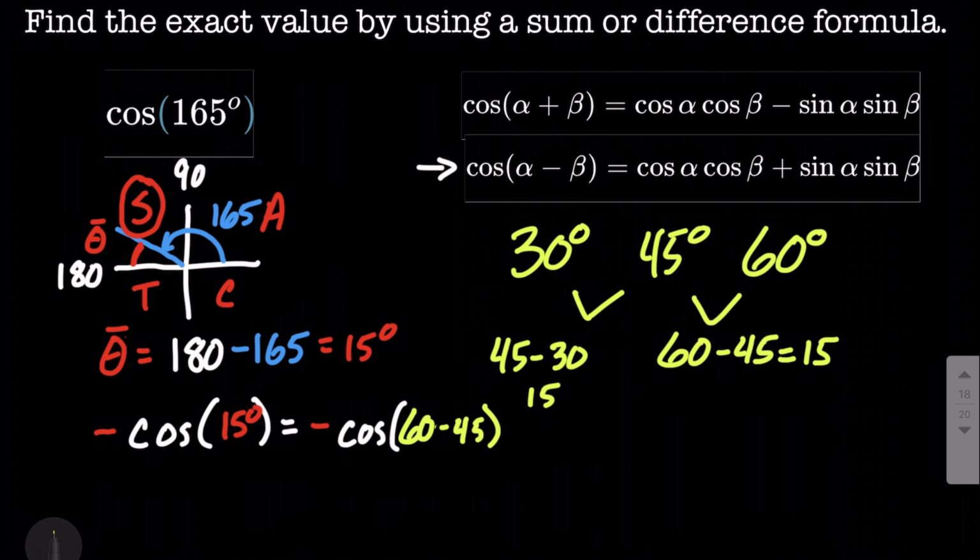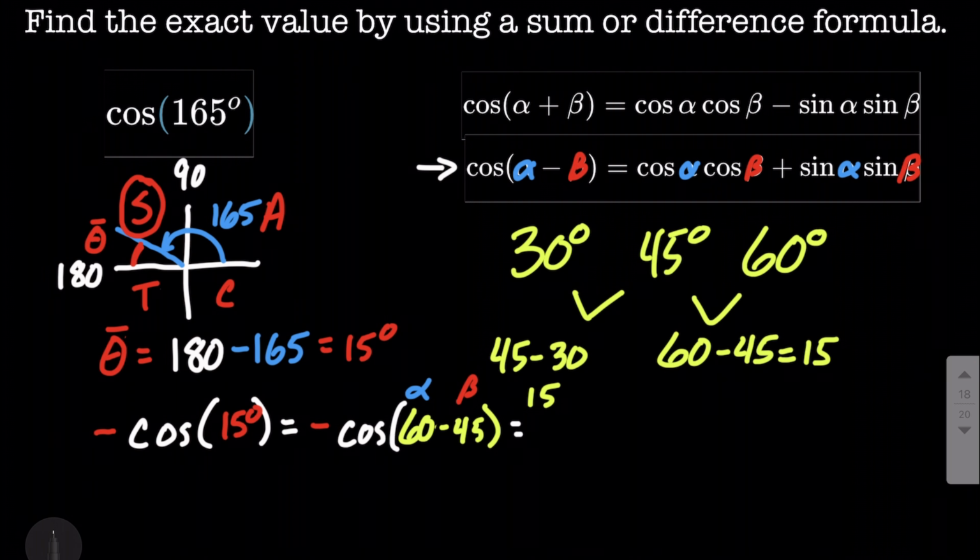So in this case, wherever we see an alpha, we're going to replace it with a 60. So alpha is over here in our formula, alpha is over here in our formula. And then wherever we see a beta in our formula, we're going to replace it with a 45. So beta, beta, beta goes in here. Hopefully this makes sense.